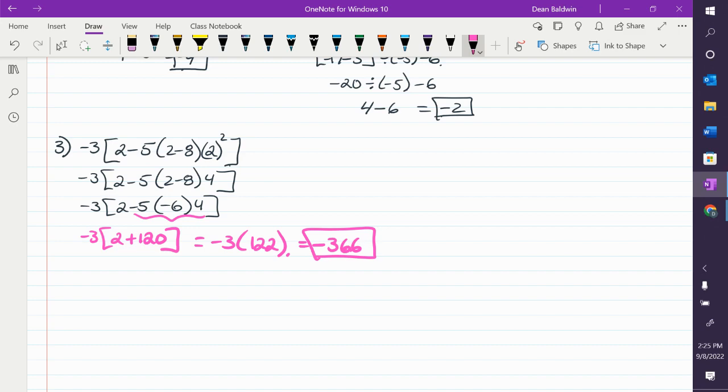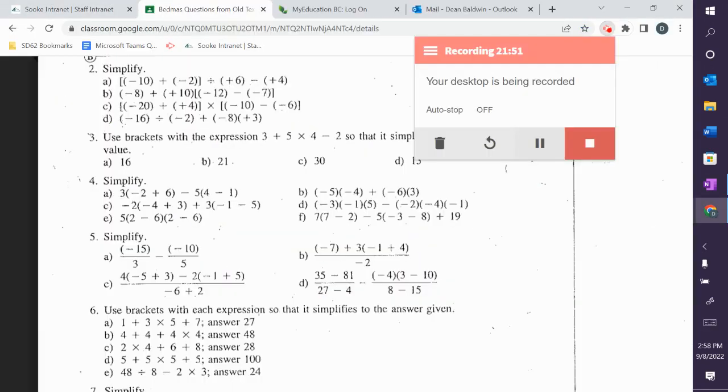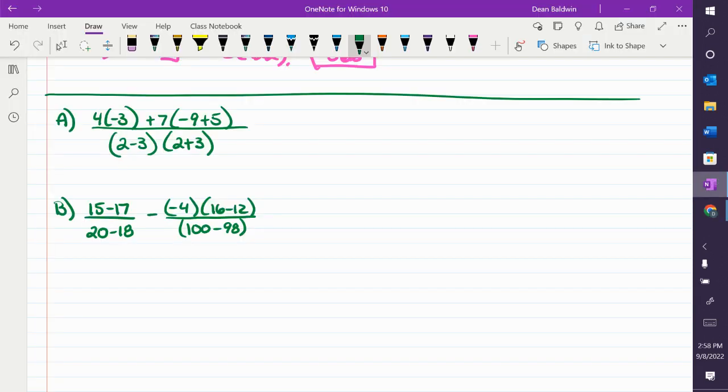Let's do some practice. Okay. So now, what's the difference between this and what we were dealing with before? It's essentially a fraction, right? When you have something that looks like this, it's essentially the same as when you see something over something else.